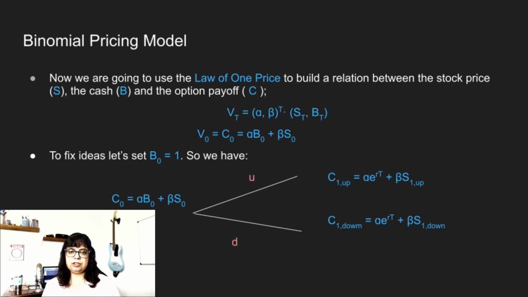Again, just to fix ideas, we are going to consider that our initial bank account is just 1. With this in mind, the binomial tree looks like the tree on the screen. So we have these equations now, and with this we can move on with the model.